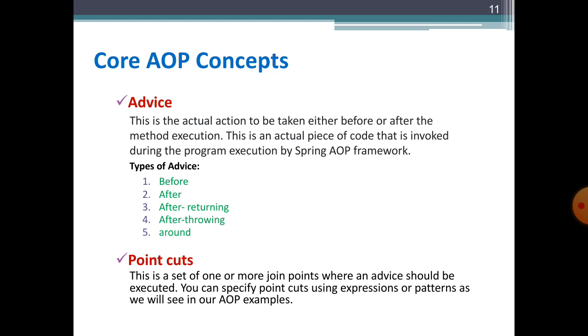Then we saw the main differences between aspects and classes. Then we discussed core concepts of aspect oriented programming: join points, weaving, aspects, pointcuts, advice, and different types of advice as well. Students, till here our lecture number 35 is ended.